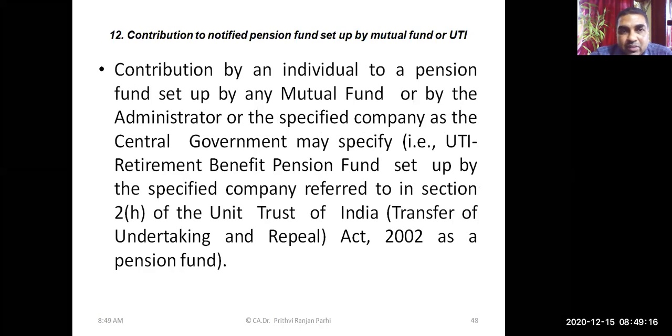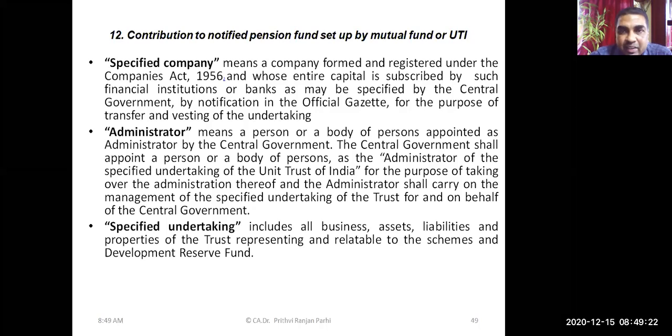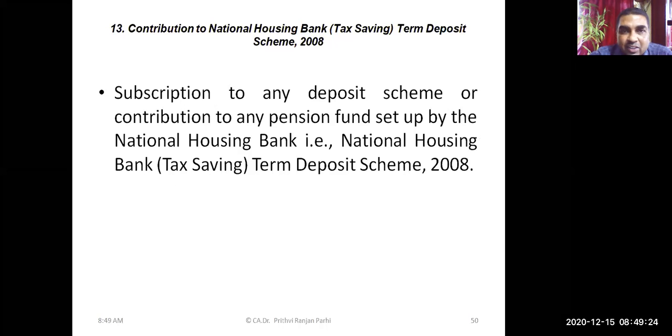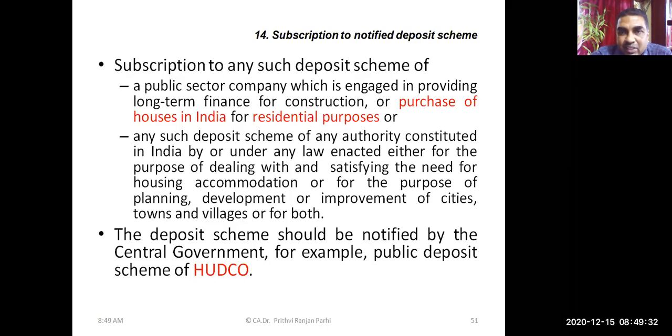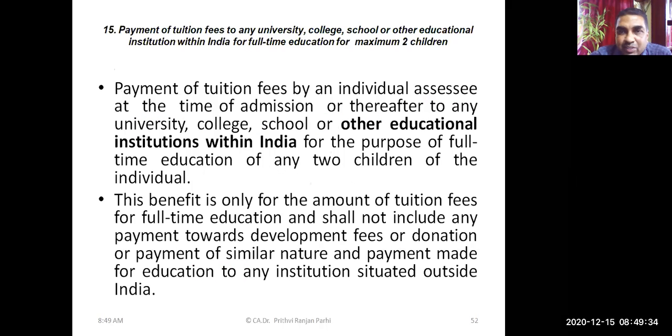Right, contribution to notified pension funds set up by mutual funds or Unit Trust of India. Then contribution made to National Housing Bank under some term deposit schemes, subscription to notified deposit schemes, the tuition fee to any university, school, college, educational institution for full-time education, maximum up to 2 children.